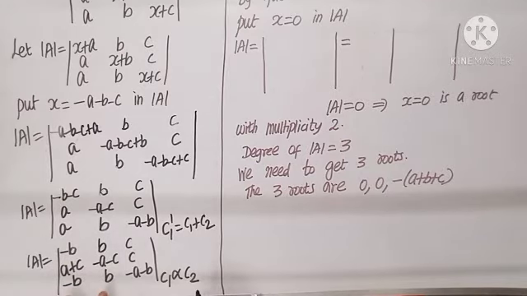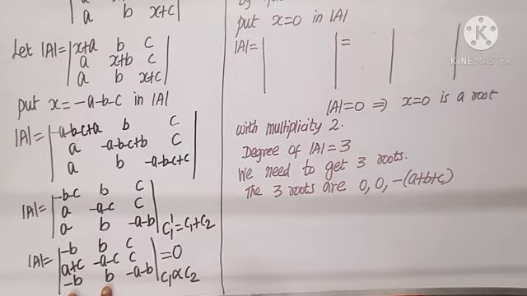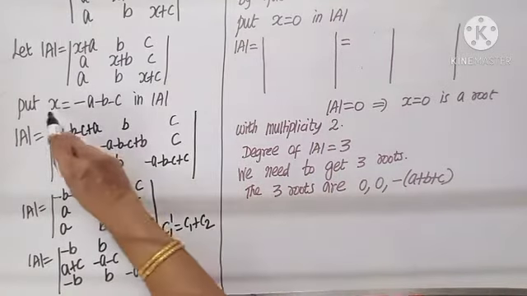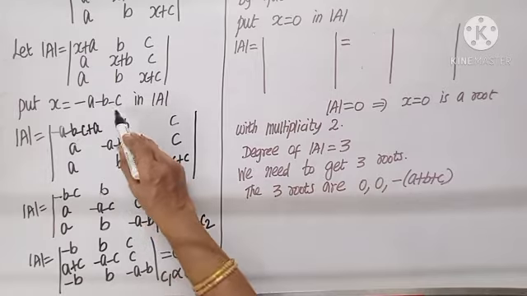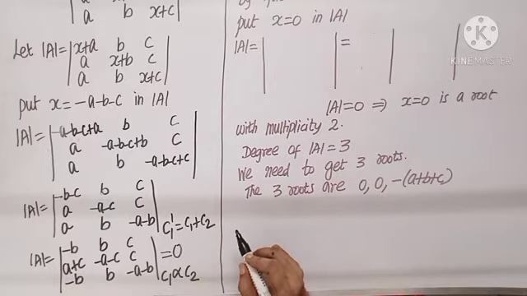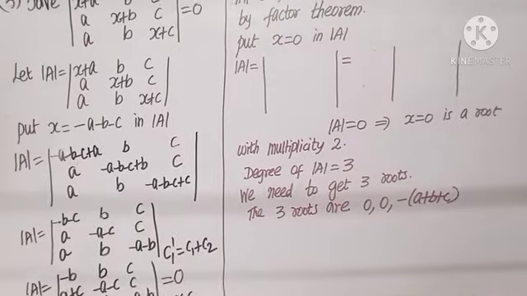Or I can directly say they are proportional and therefore the determinant value vanishes. When the determinant is 0, I can conclude x is equal to minus a minus b minus c is a root of determinant A.